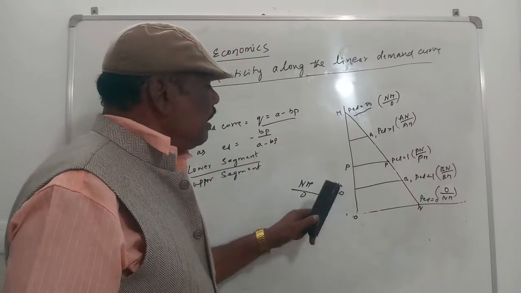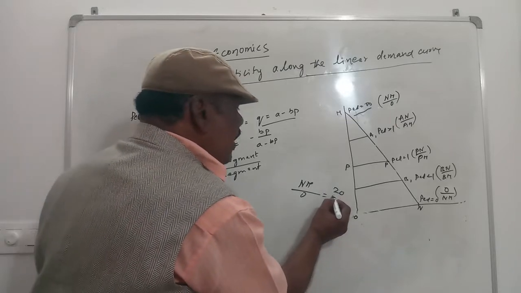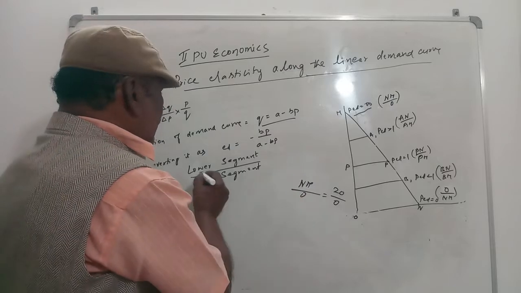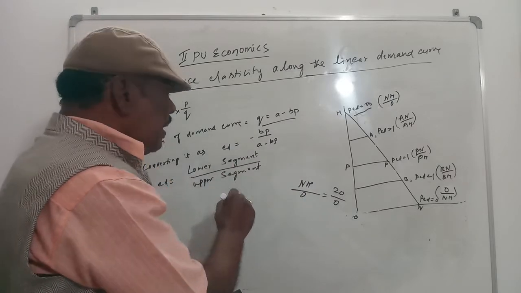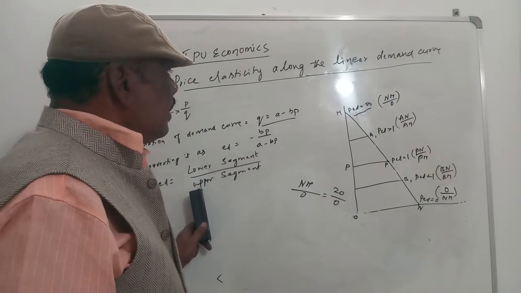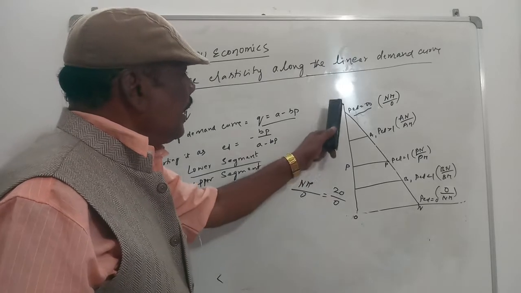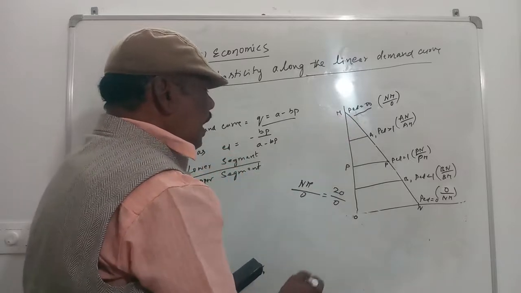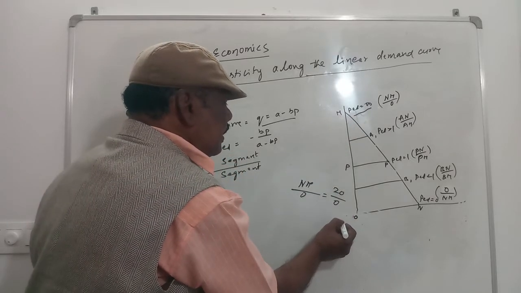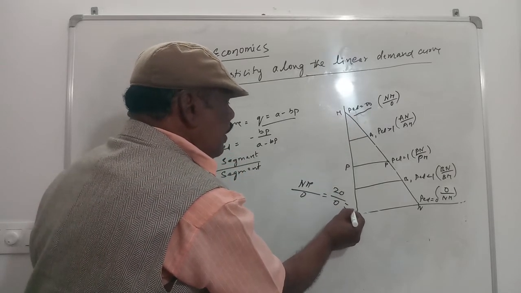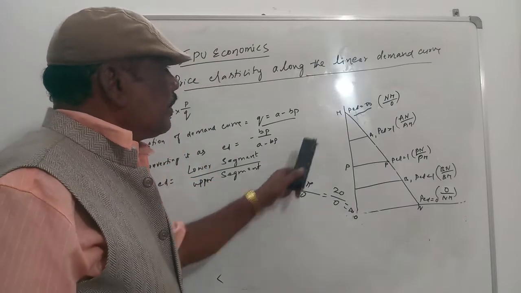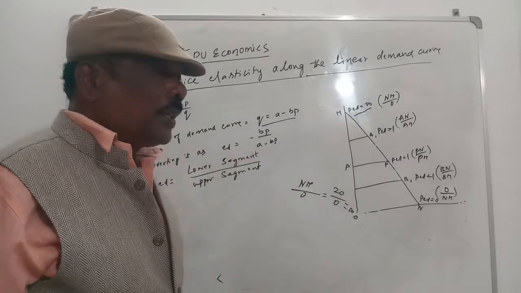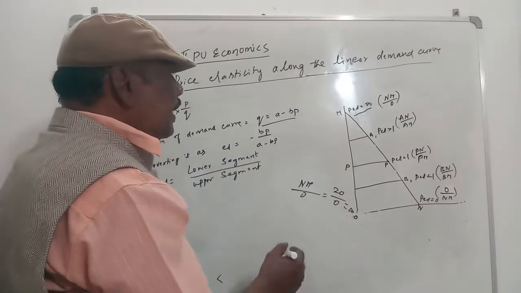So 20 divided by 0, that is lower segment divided by upper segment. Lower segment is NM divided by 0, and we will get the answer infinite. That is perfectly elastic.